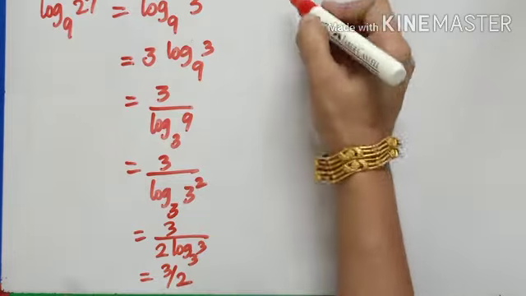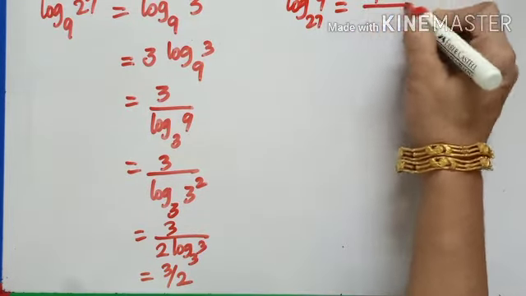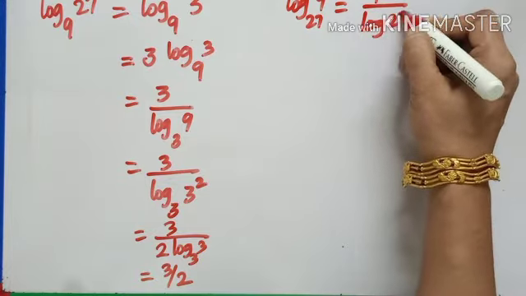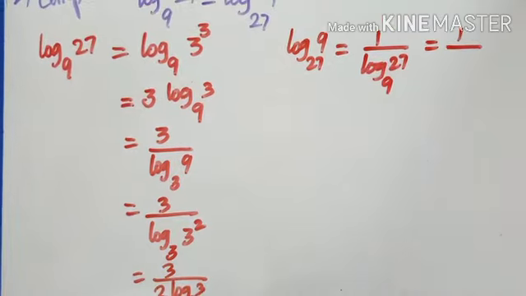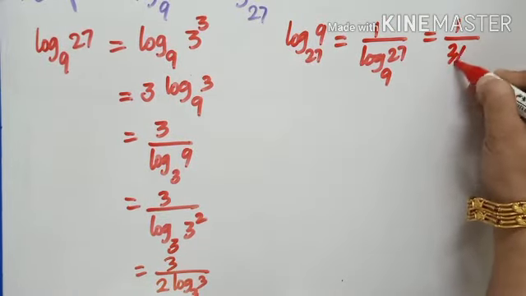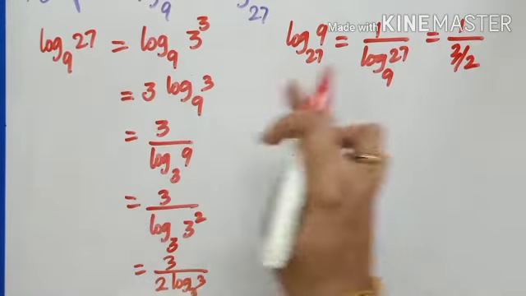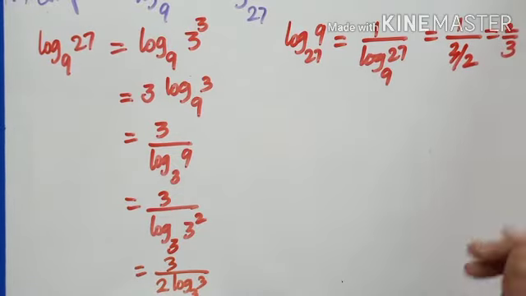Once I derive this, what is log 9 base 27? It is 1 by log 27 base 9. Here I get 3 by 2, which I will write here as 3 by 2. From the previous step, 3 by 2 becomes 2 by 3.